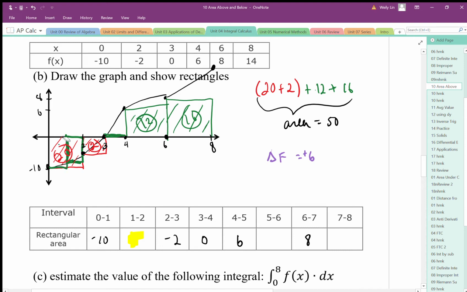To do this, what's implied in AP Calculus is if I'm going to find the middle value here, I'm going to use the average value of the two y coordinates. So to find that point there, I need to take the average of -10 and -2. And so that's going to be at -6. Okay, so I'm going to use -6 as my point.